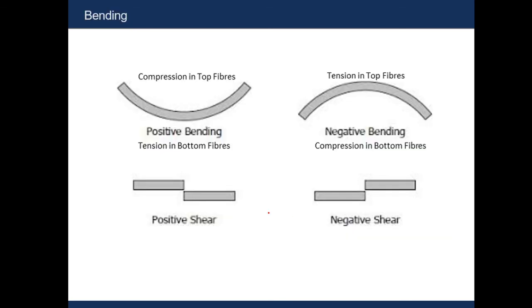So here is the thing that I have mentioned earlier, that this type of bending will be called positive bending, and this type of bending will be called negative bending. In such positive bendings, compression develops in the top fiber and tension in the bottom fiber. That means if you are asked to draw the layout of the reinforcement for positive bending, where will you apply the reinforcement?